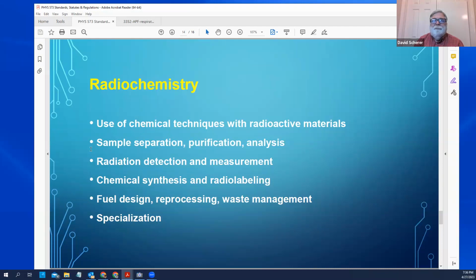Radiochemists have to have an in-depth understanding of radiation detection and measurement systems. We talked briefly about gas-filled detectors. Radiochemists use other detection systems that are very sensitive and have a great deal of specificity, so they can identify particular nuclides with great accuracy. Radiochemists work in fuel design, fuel reprocessing, and waste management, all the things we talked about related to the fuel cycle. As I said, there's a specialization in our program for people who want to work in that area.